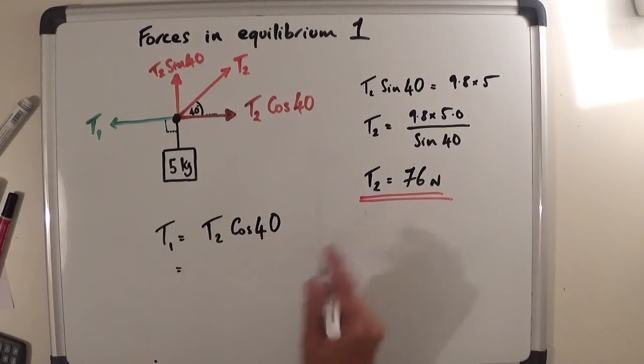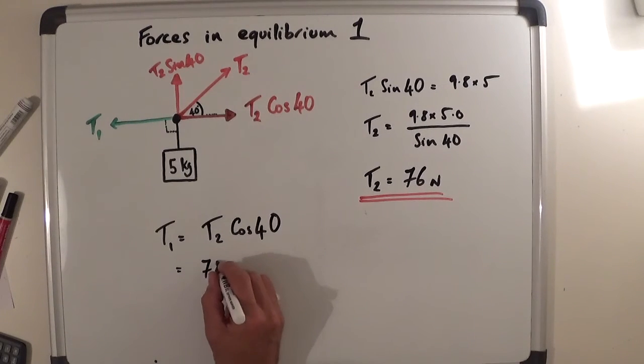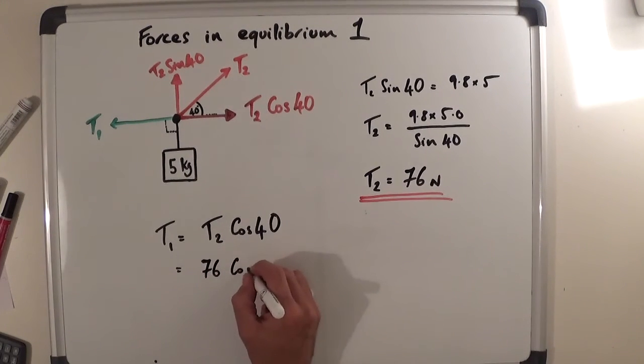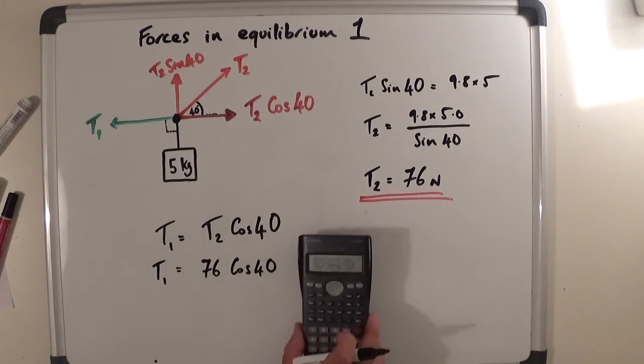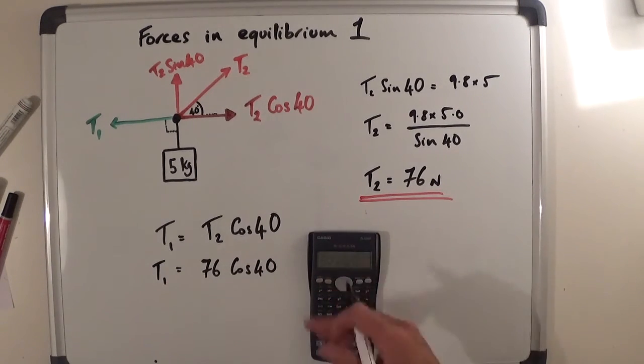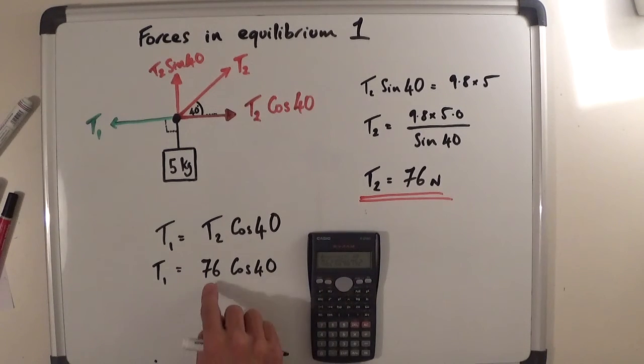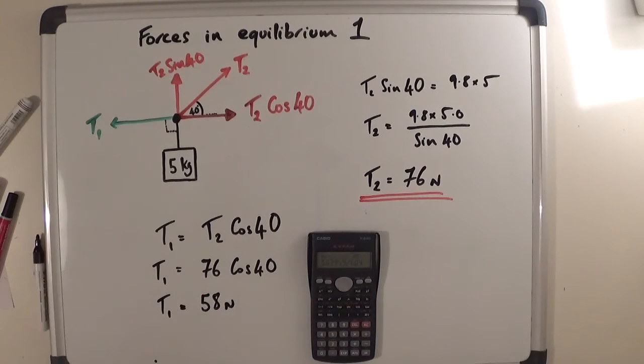And of course we know that T2 is 76 from before. I just so happen to have my calculator with the 76.23 still in there, so all I'll do is multiply that by cos 40, and T1 comes out to 58.3, let's just say 58 newtons. And there we go, jobs are good.